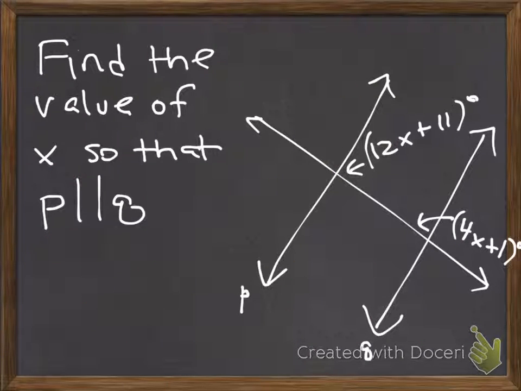Now we're asked to find the value of x so that P is parallel to Q. So that means we have two consecutive interior angles. Those need to add up to be 180.